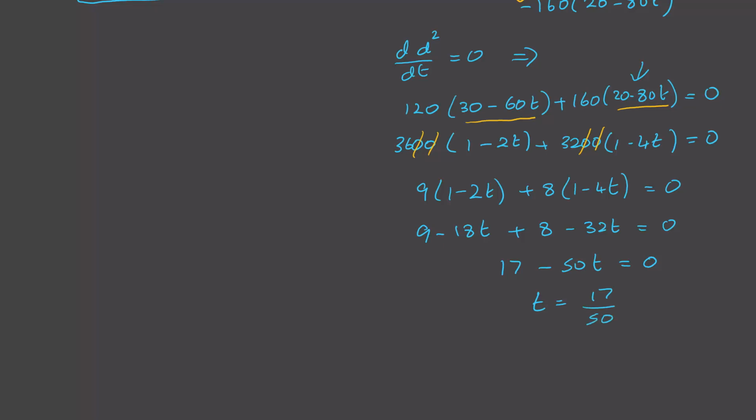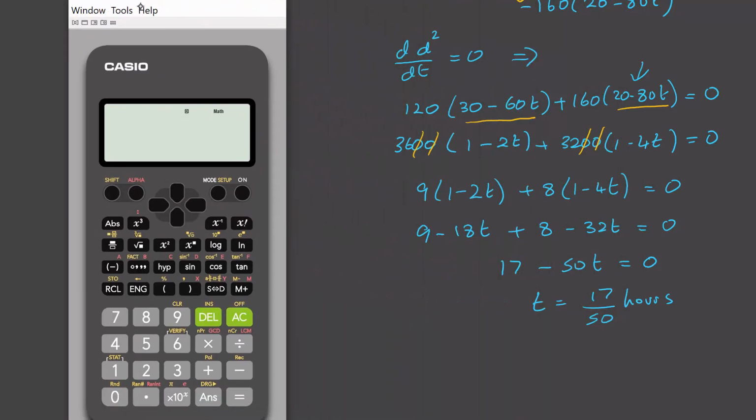Now we know that t is in hours. So if we want to turn that into minutes, let's do 17 over 50 times 60, and that is 20.4 minutes.